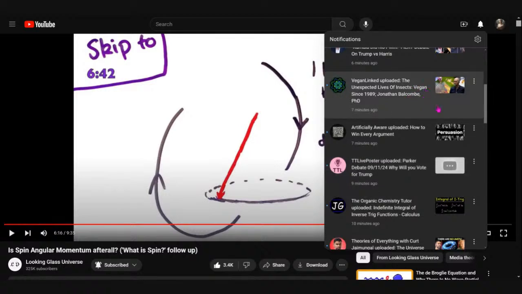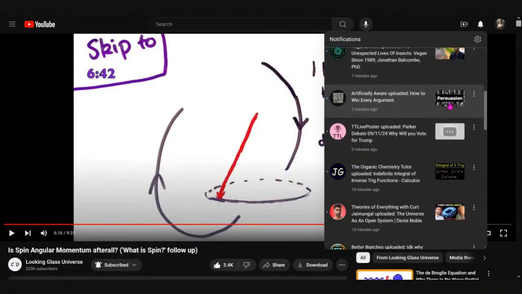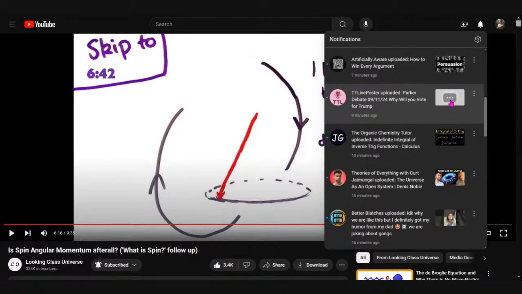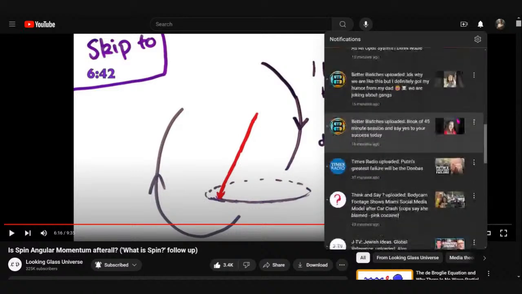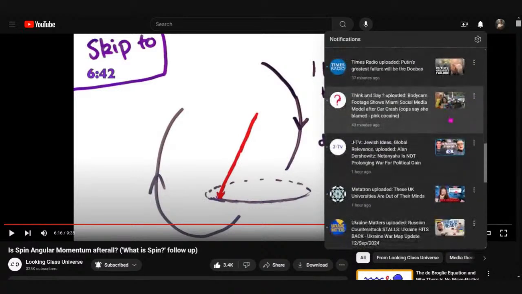Let's invite this guy to debate. Indefinite integral of inverse trig functions. This is always a good thing to go over. Theories, the universe as an open system. That's nonsense. Shows Miami social media model after car crash. Cops say she blamed pink cocaine. Interesting.